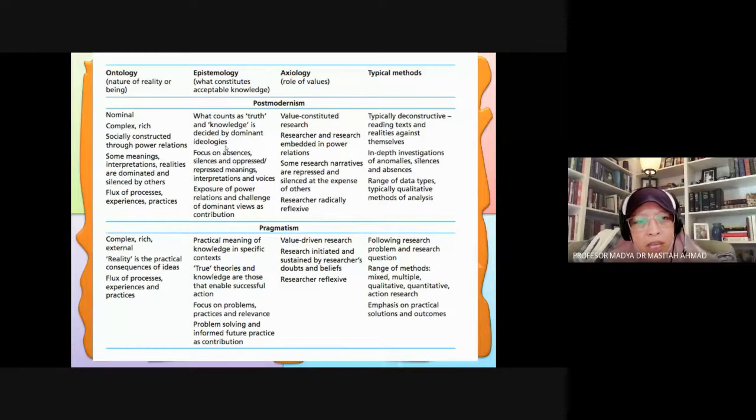We also have to explore exposures of power relations and challenge our dominant view as contributions. That is under postmodernism for the epistemology.